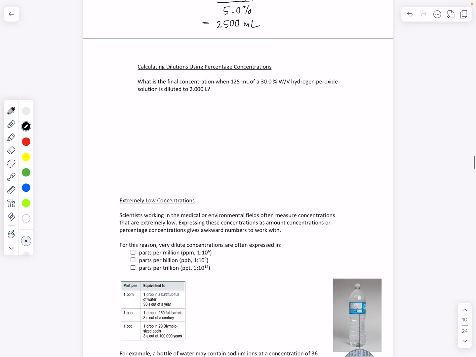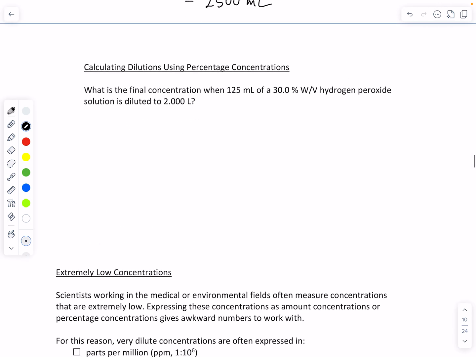Let's look at an example where we calculate dilutions using percent concentrations. What is the final concentration when 125 milliliters of a 30% weight per volume hydrogen peroxide solution is diluted to 2 liters? So in this example, let's list what we have given.